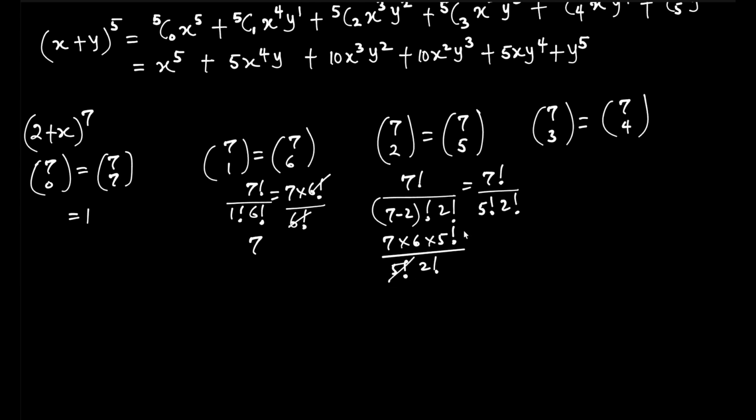So 5 factorial divides this, and 2 factorial is 2 times 1. Dividing, we have 3, so this becomes 21. Lastly, if you do the process for this, you have 35.